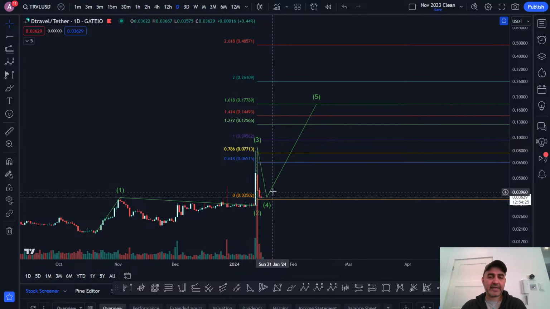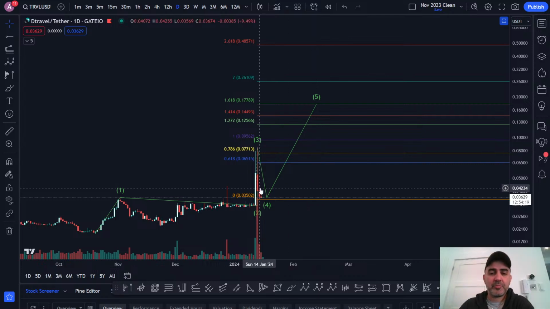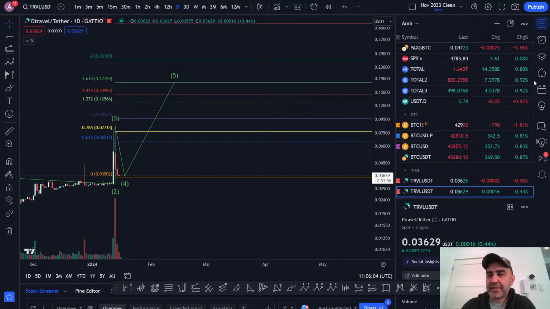Of course, I don't want it to happen too fast, so people are like, oh my God, what happened? But potentially this is what we're experiencing now. 1, 2, 3, 4, 5, with our 5 target on Gate, the 1.618, being at 0.17789.